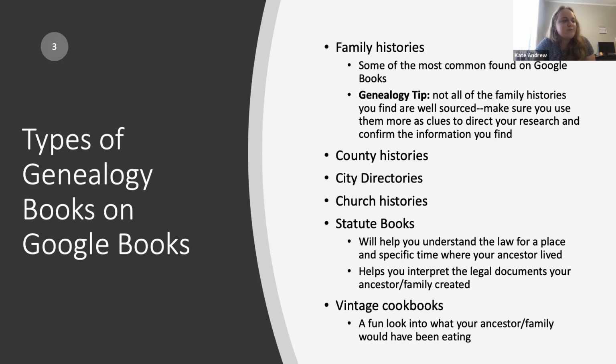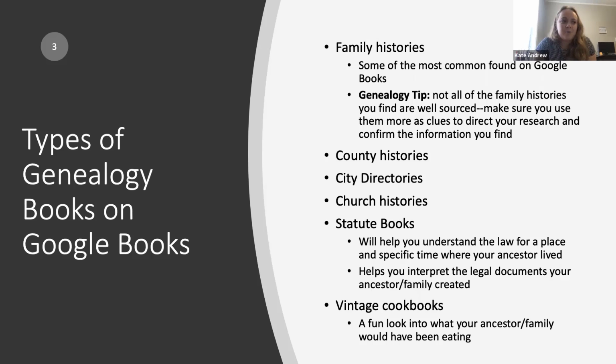The last kind of book that I have lots of fun with on Google Books are vintage cookbooks. I always find it really fun and insightful to look at old cookbooks from a specific time, and sometimes it can be broken down into specific regions like state or even towns.